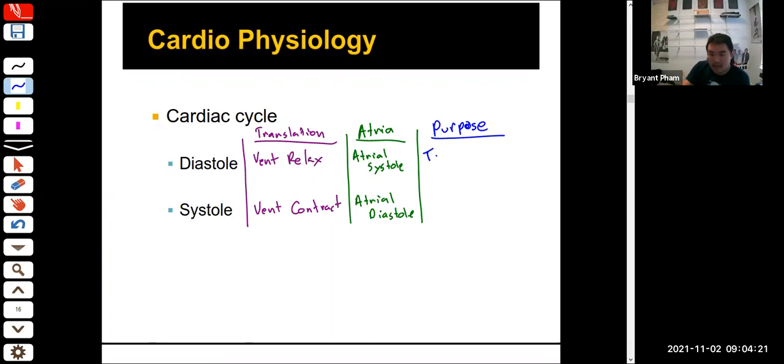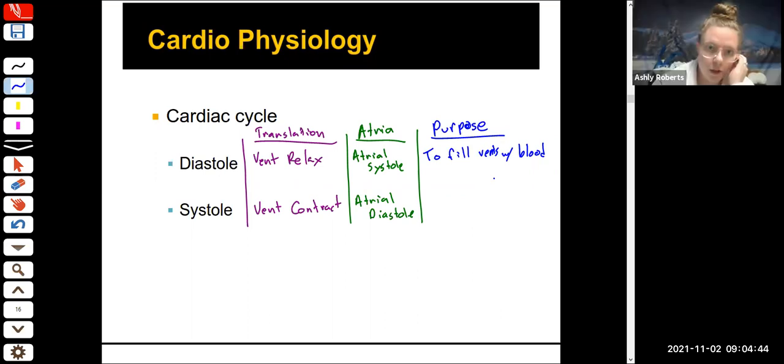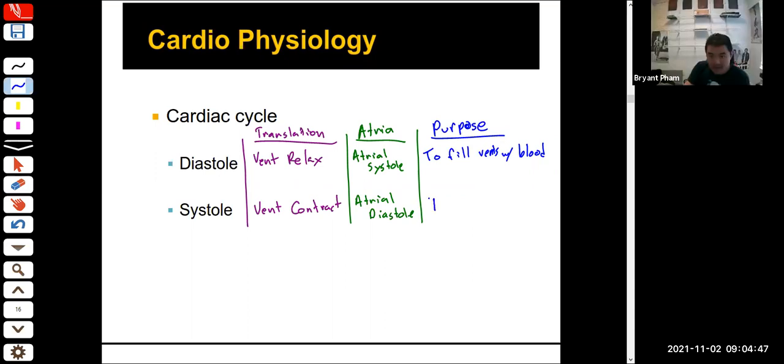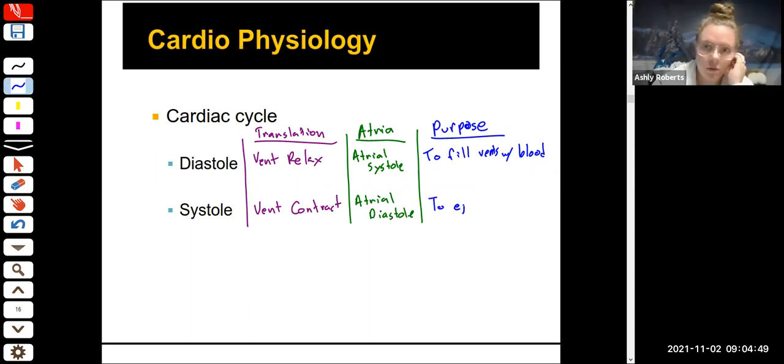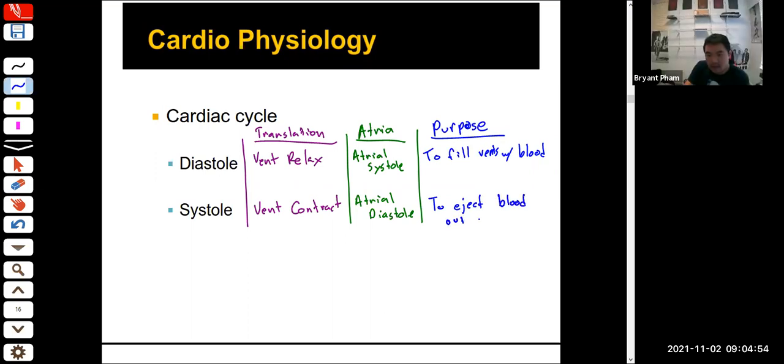I'm going to say to fill vents with blood, your ventricles. Therefore, systole, what's the purpose there? Push blood either into the body or the lungs. Nice, yeah. To eject blood out of the ventricles. Very good.